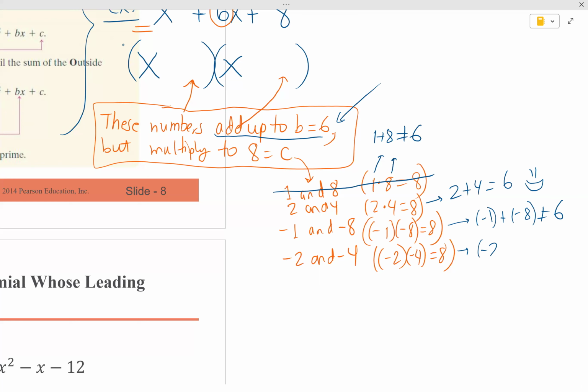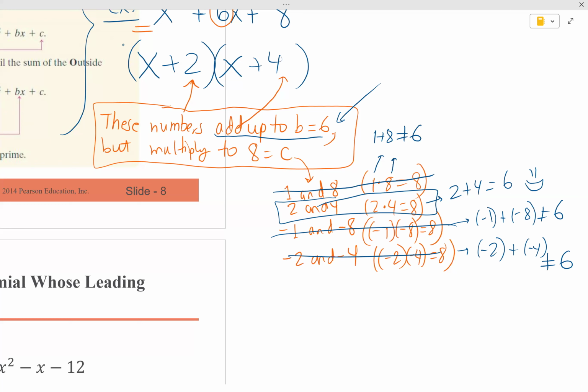How about -2 plus -4? It's -6, not 6. So these won't work. The only pair that has product 8 and sum 6 is 2 and 4. It doesn't really matter what order they're in. It could be 4 first and 2 second. Either way would work.